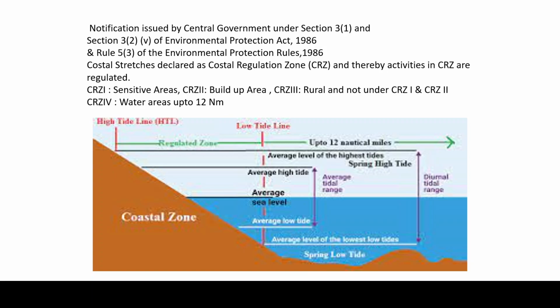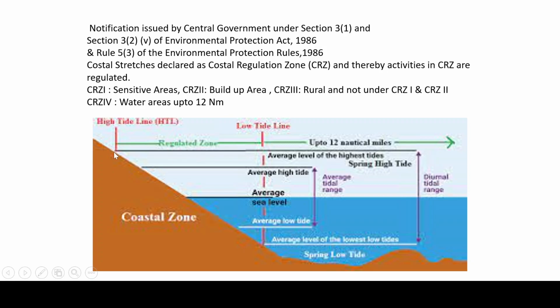Now, what is the coastal regulation zone? When we have a high tide, the water level rises and water comes towards the land. And when we have low tide, the water moves away from the land, it recedes in a way. So the land which falls between the low tide and the high tide line is the regulated zone.